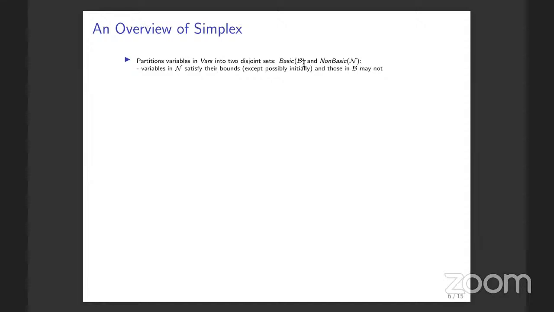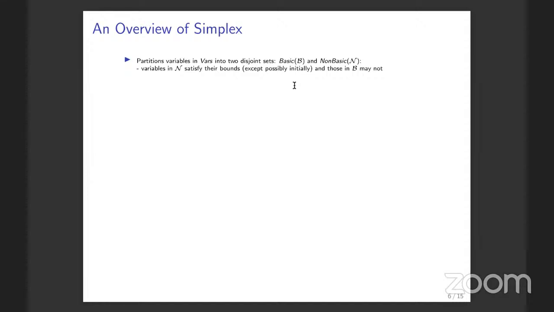The set of what are called basic variables, or sometimes dependent variables, B, and non-basic variables, denoted by N. As you follow the simplex procedure, variables in N, the non-basic variables, usually happen to satisfy their bounds during the course of the procedure, except possibly initially, and those in B may or may not.